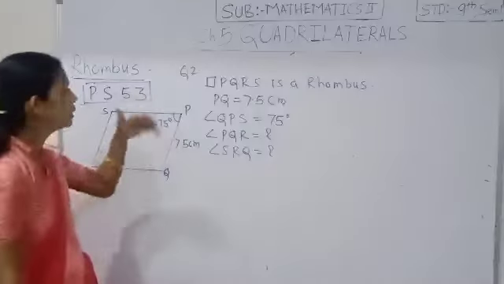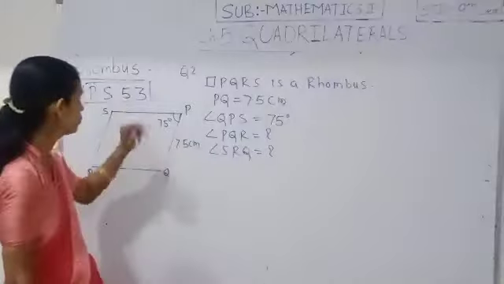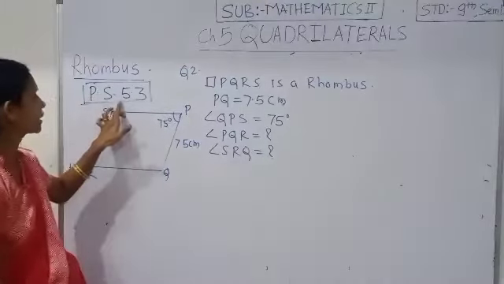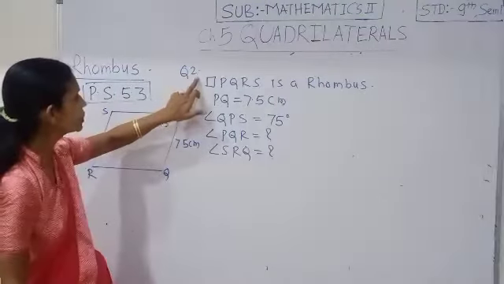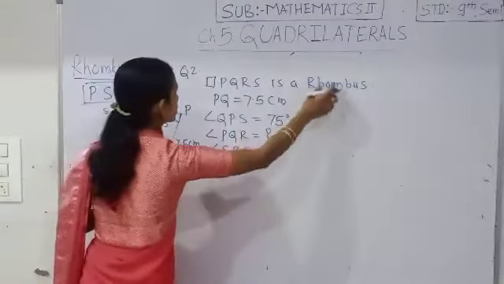Then see here, we will solve a few examples which are based on properties of rhombus, given in practice set 5.3. The example given in question number 2: quadrilateral PQRS is a rhombus.